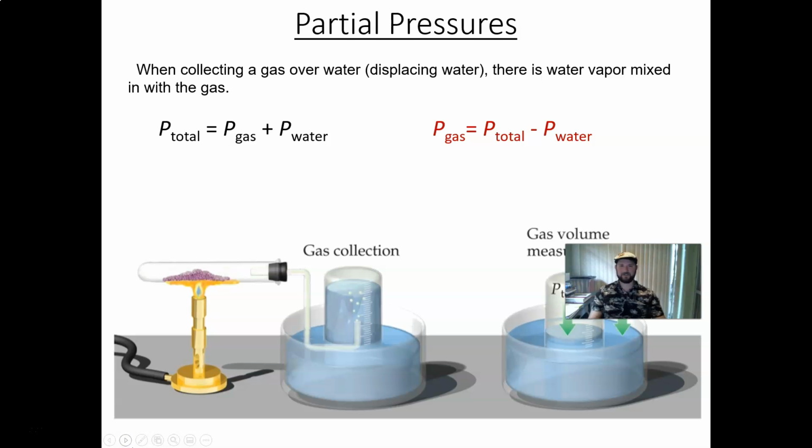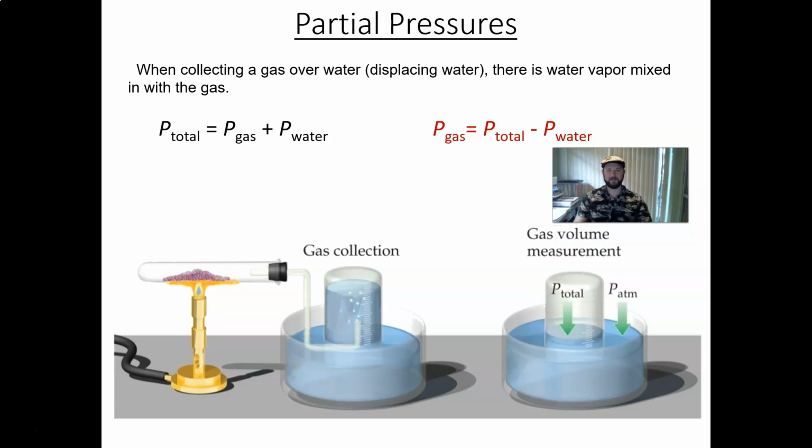One other thing about this, and this is also something from lab. Because of these partial pressures, you have to be concerned about the type of reactions and where you're having reactions go.